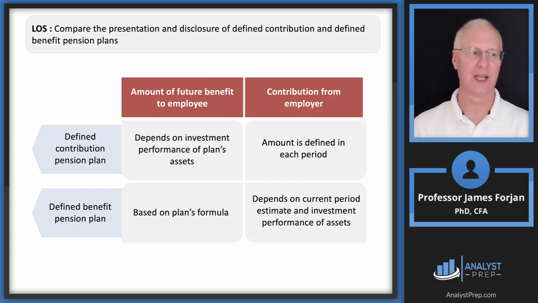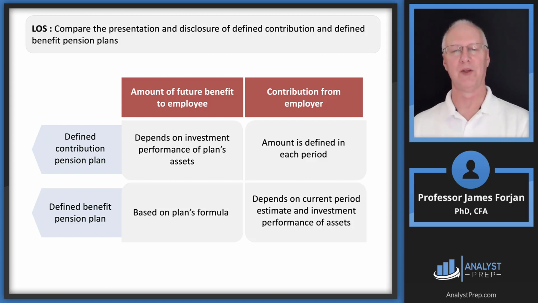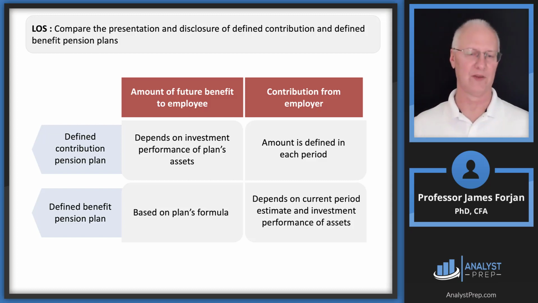And that's what you're going to get every year when you retire. Of course, that's a super, super generous plan. Contributions from the employer, then, depend on a variety of factors, not just current period estimates, but investment performance of the asset. And then inside of that, the selection of those assets.